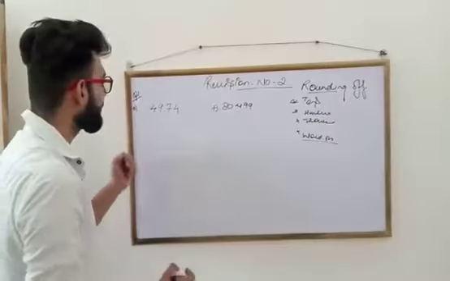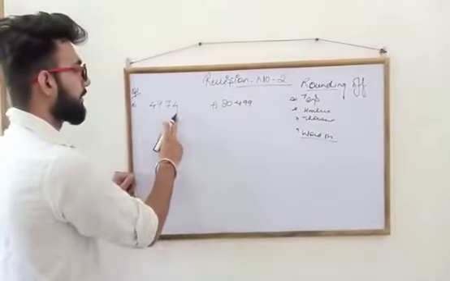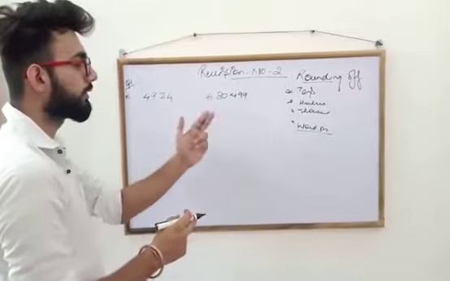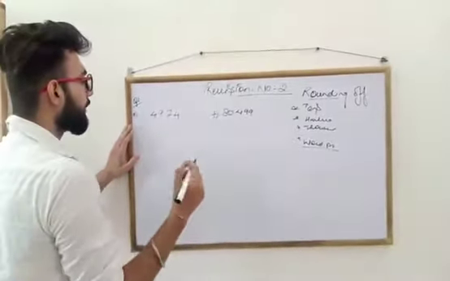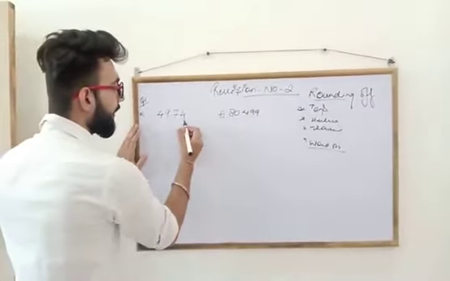Move to the first question, 4,947. We need to round off this number to the nearest tens. First, we need to consider the number at the ones place.